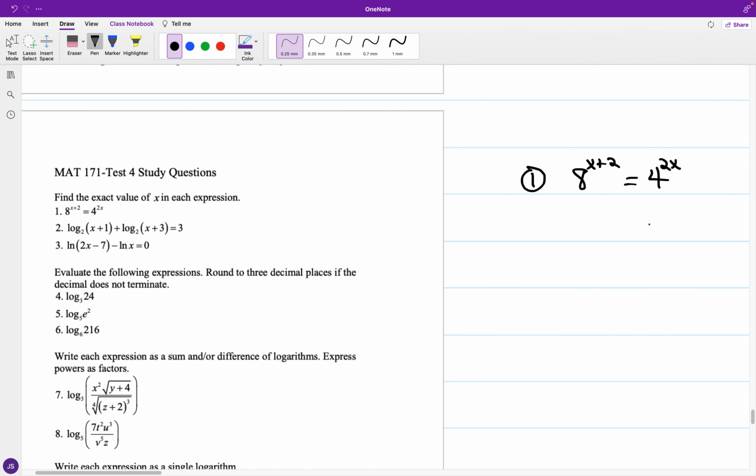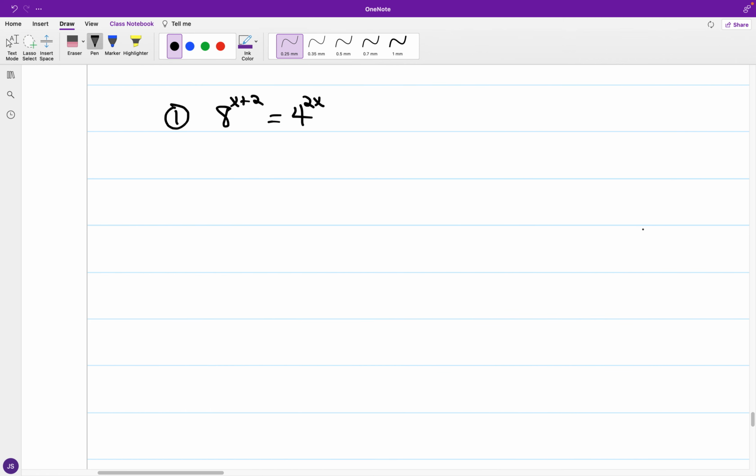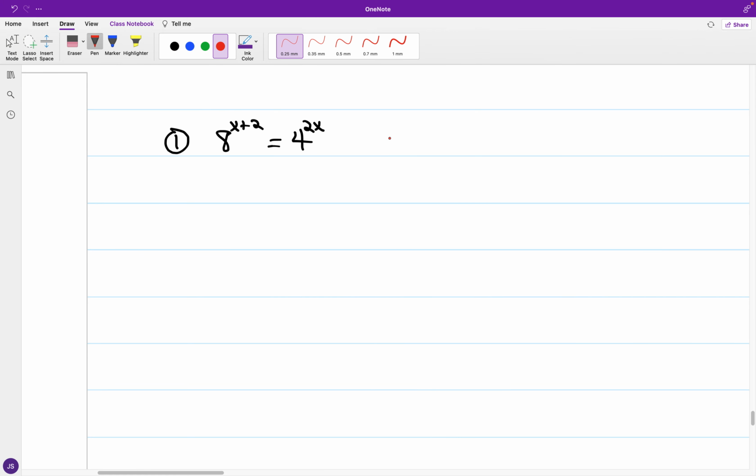It's going to be a bit of history repeating, as in this situation we're going to have a common base, once again 2. So for 8 to the x plus 2, if I put it in terms of base 2, 8 is 2 cubed, to the x plus 2; 4, again, is 2 squared, and that is going to be to the 2x.